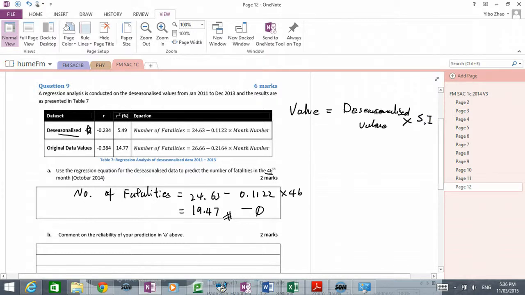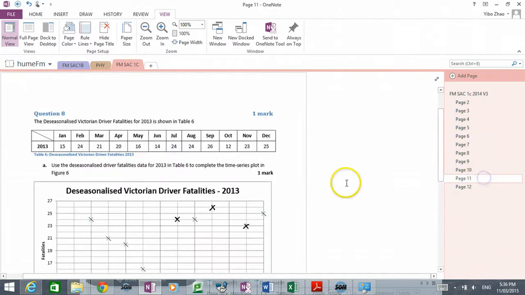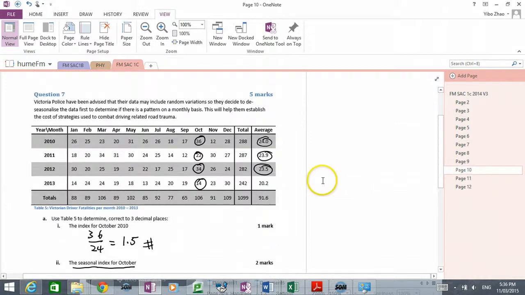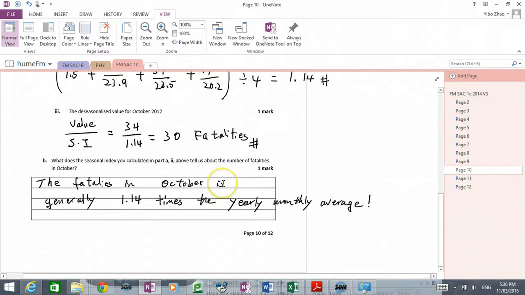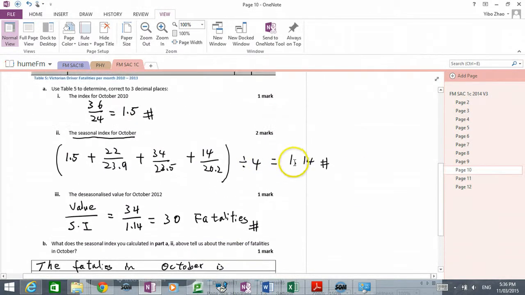From the previous question, we know the seasonal index is going to be 1.14.